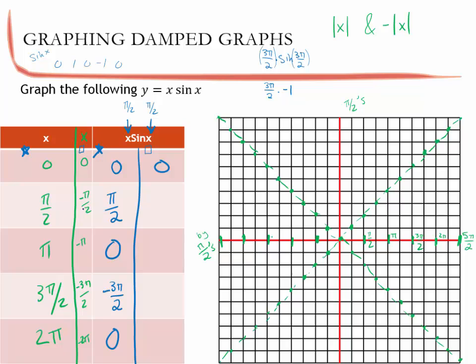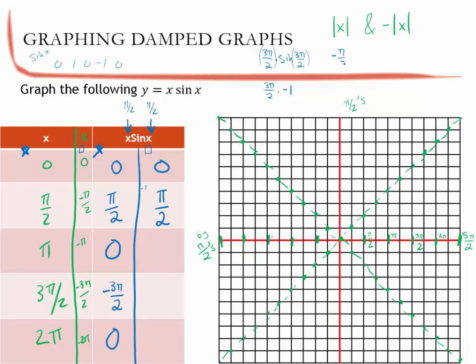We already have 0. Now if I plug in negative pi over 2, negative pi over 2 on the unit circle is down, right? And it's at the same location as 3 pi over 2, so I end up getting negative 1. And negative 1 times negative pi over 2 is positive pi over 2. I can do that for you over here.